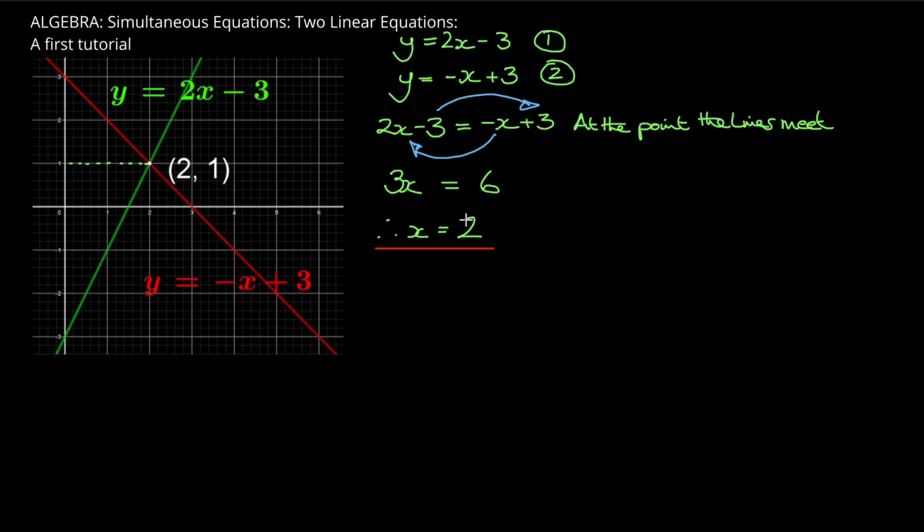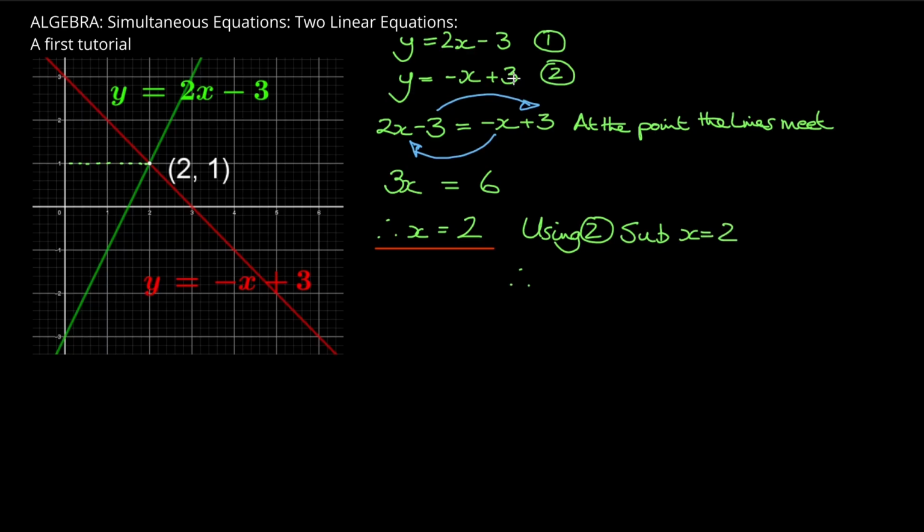Now, having got this value of 2, I can pop this into either equation because you see, either equation would give us the corresponding y value, a value of 1 we expect. Choose either one. I'm going to choose equation 2. So you see the advantage of labeling these equations because you're telling the examiner exactly what you're up to. Using 2, sub x is equal to 2.